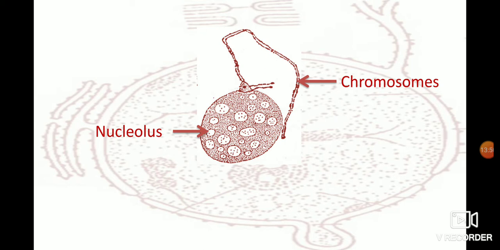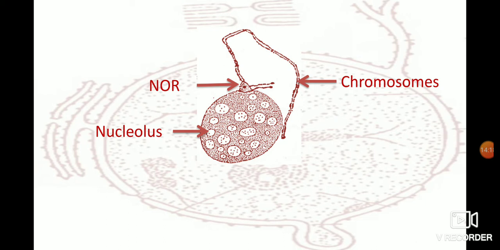So you can see this is the chromosome and it is having a nuclear organizing region from which the nucleolus arises. The nucleoli are formed around the DNA loop that extends from the nuclear organizer. A number of chromosomes get together and transcribe RNA at this site.